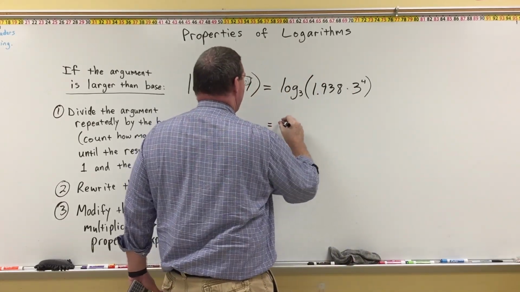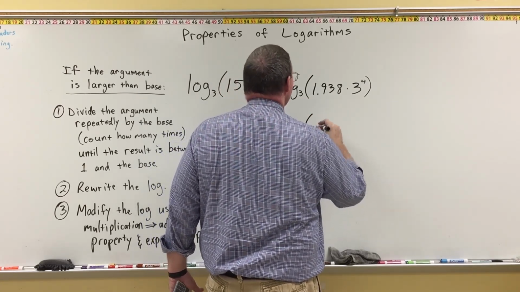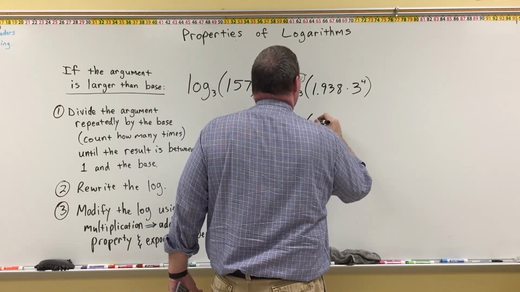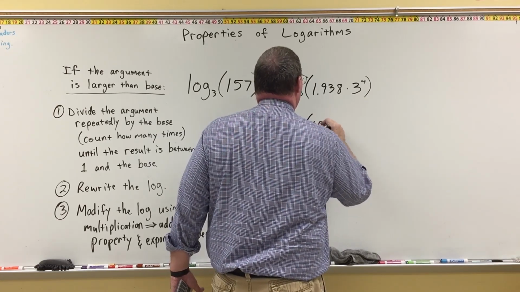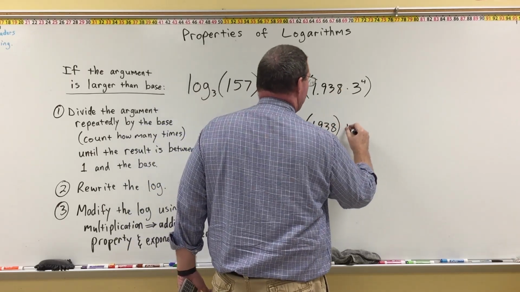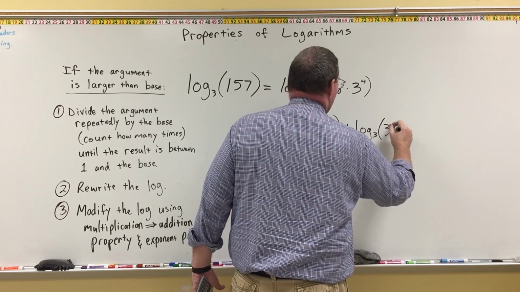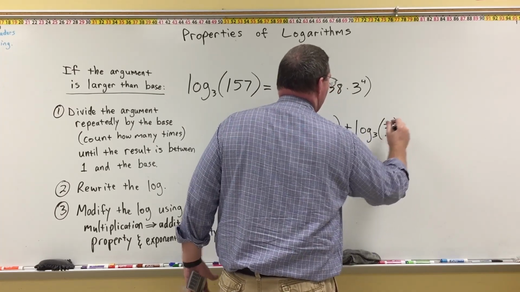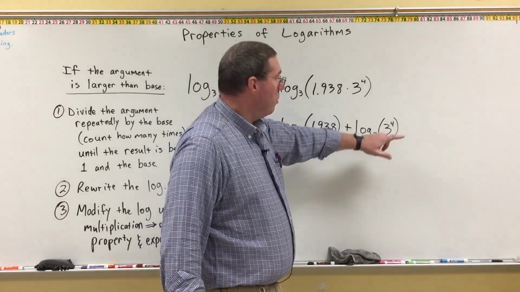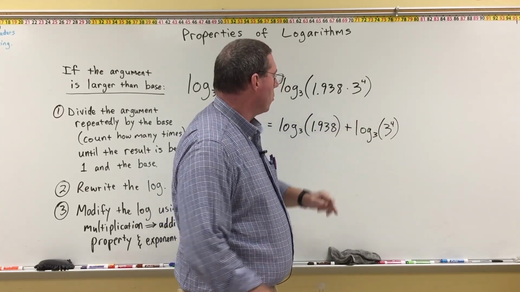Multiplication turns into addition, so this is going to become log base 3 of 1.938, close, we're done with that one. Now we go plus log base 3 of 3 to the 4th power, okay, great. Now we already know what to do with this one. We use the exponent property, and we can now move the 4 to the front as 4 times.